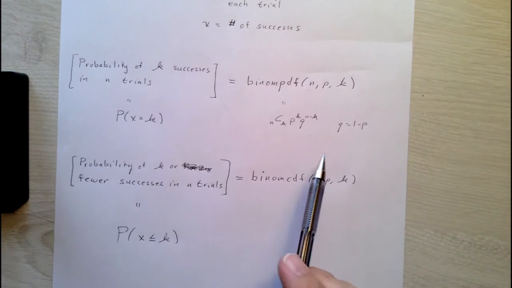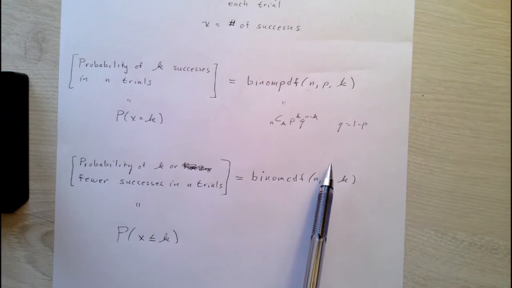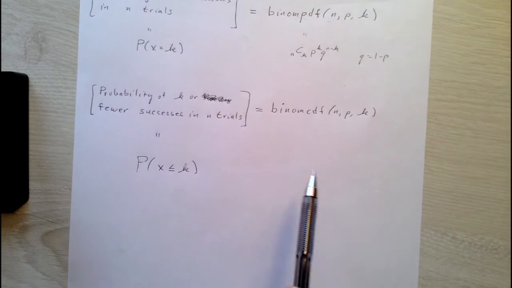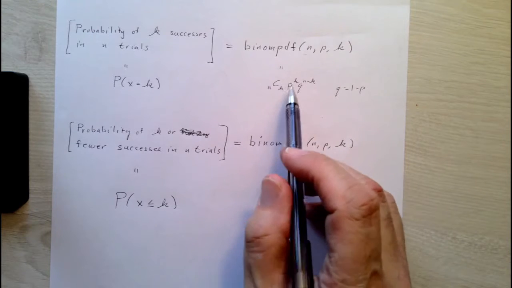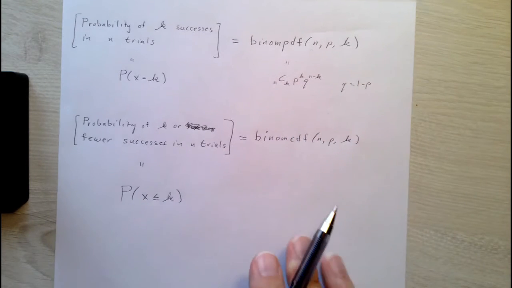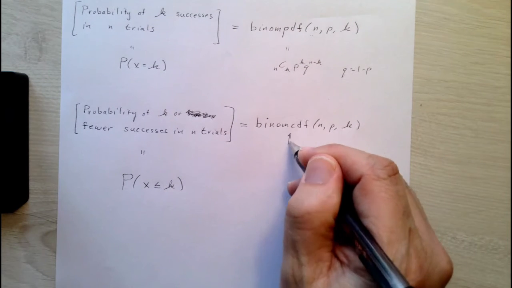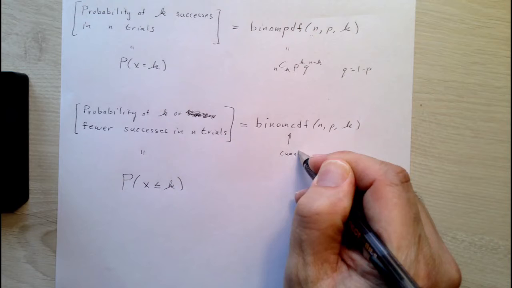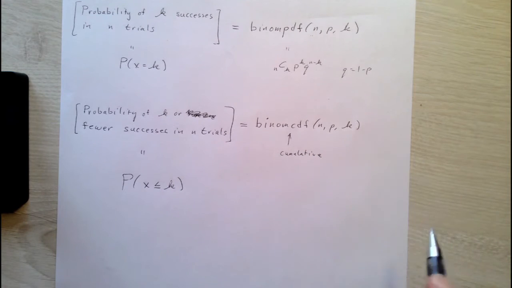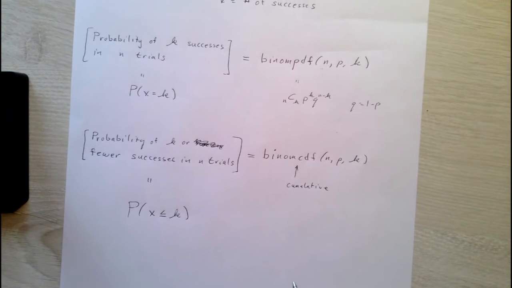So the calculator will do all this for you. And then with binomcdf, we're summing up all these values, starting when k equals 0, k equals 1, and so on. One way to keep this in mind is that the C stands for cumulative. So that's a way to distinguish between the two commands.